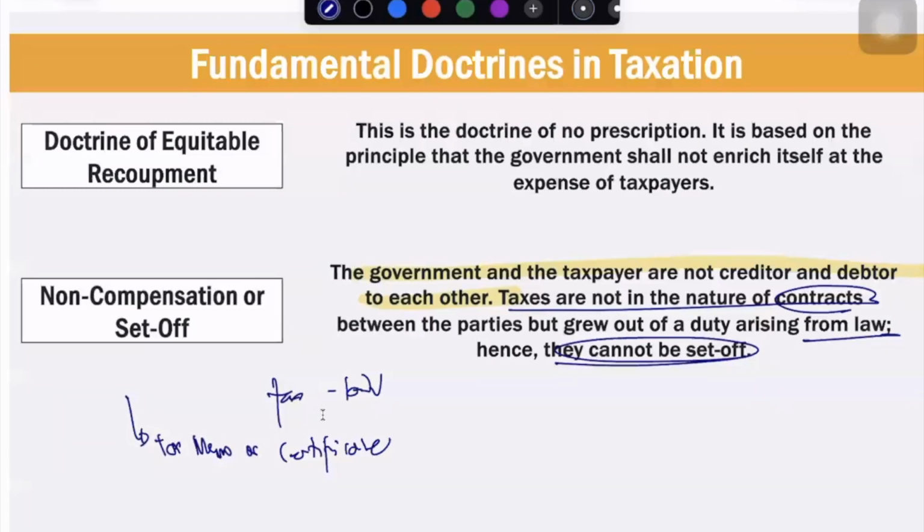Taxes come from law, while for the taxpayer, generally it comes from contract. So you cannot set it off. However, the government provided for a tax memo or certificate. So you can now try to set off your tax liabilities in the form of this tax credit certificate.